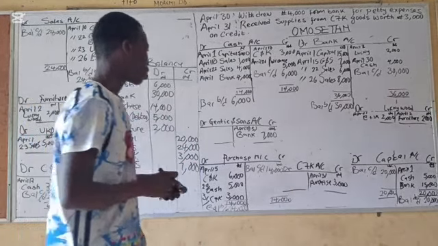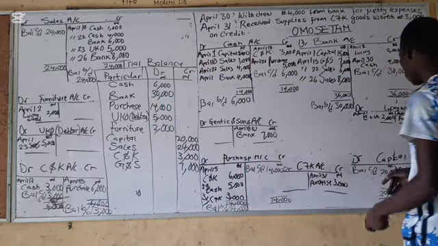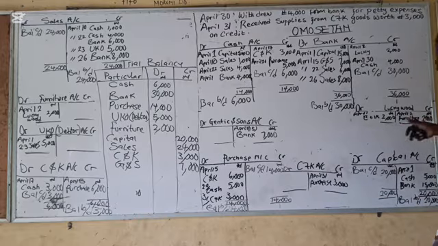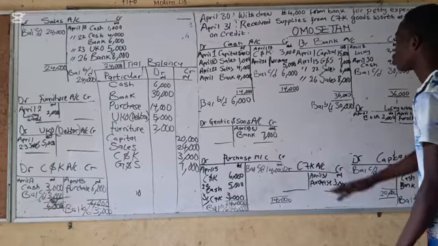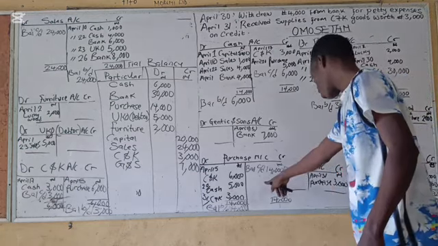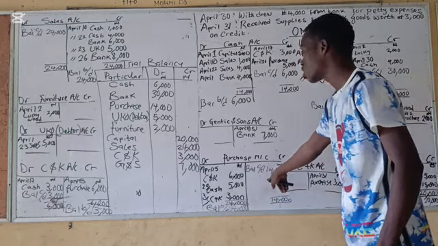Now, which account again? This account has balanced each other. You can see that they balance each other. Therefore, no need of writing this in the trial balance. The account has already closed. So we have recorded the purchase, right?